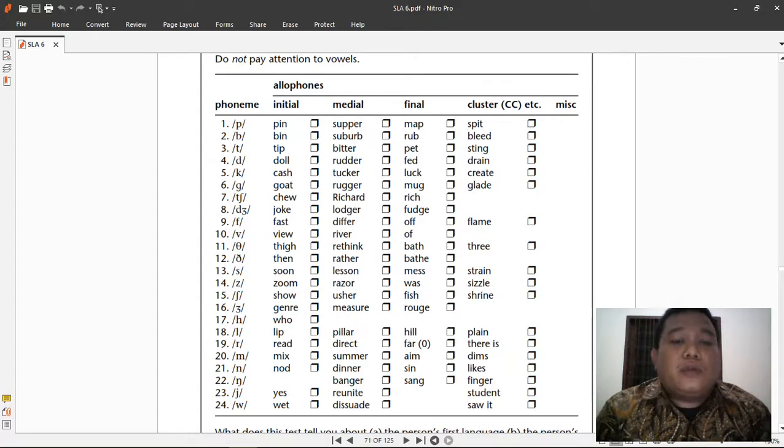Okay, and number 10 we have v. Somehow in British pronunciation most of them use v, and it's almost the same as the sound b. Like when they pronounce favor: in American they will pronounce favor one way, while in British they will pronounce it another way.